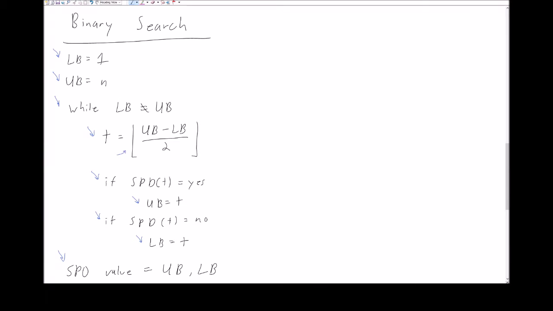This binary search technique actually has considerable time savings over the linear search technique. Specifically now, we only have order log of the number of node calls. This is because every time we update our t value, we've actually cut off half of the values instead of just cutting off one value like we did in the linear search.